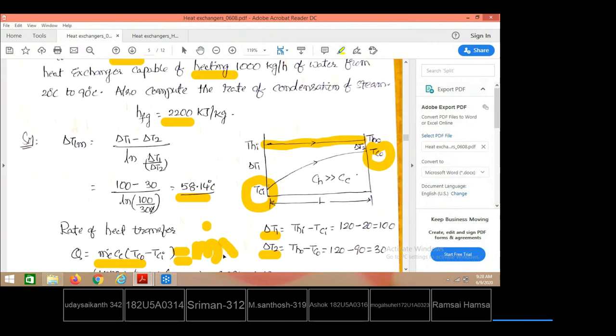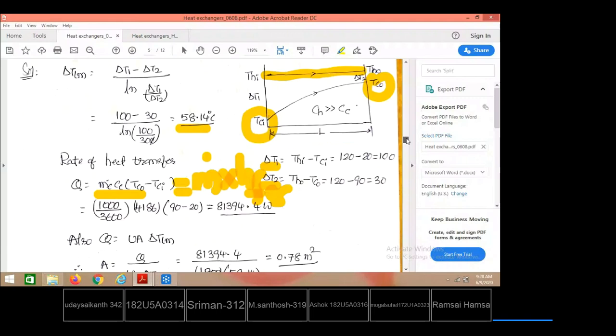Both are the same. This is the heat lost by the hot fluid, and the same heat is received by the cold fluid.